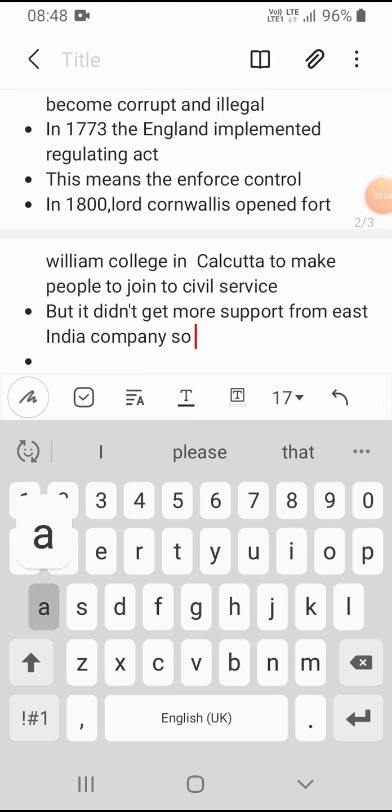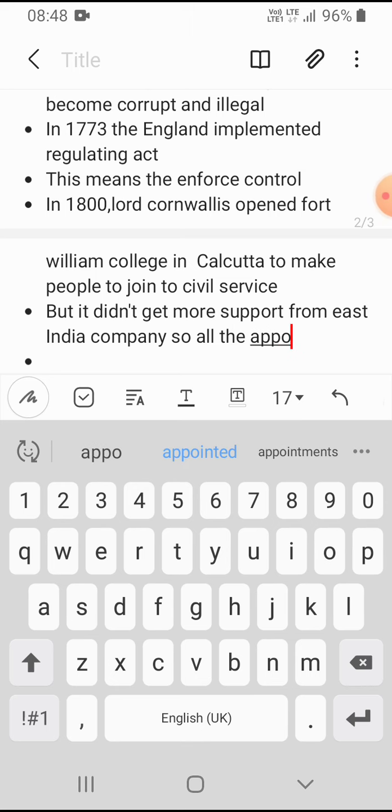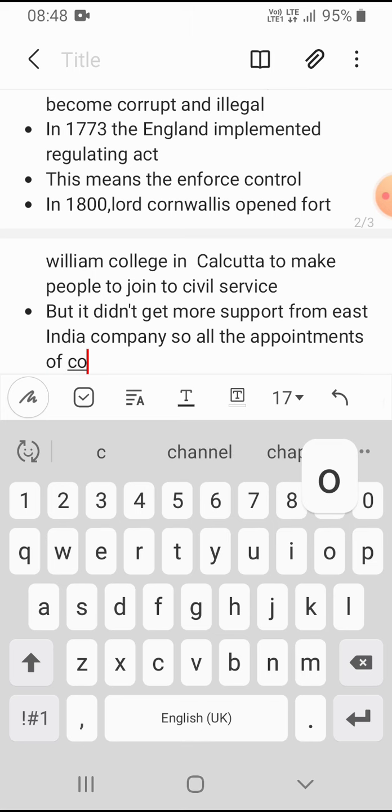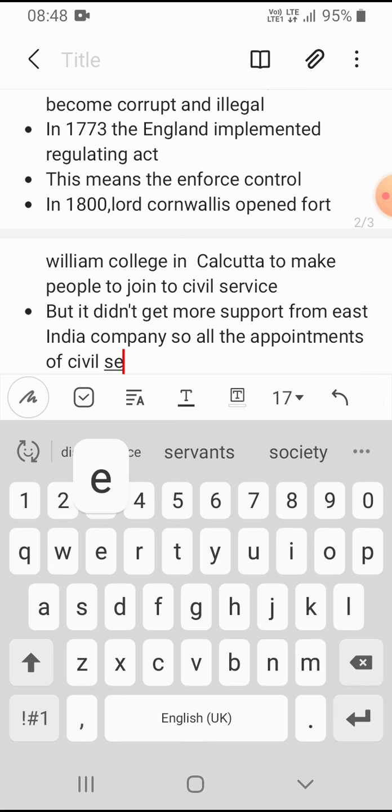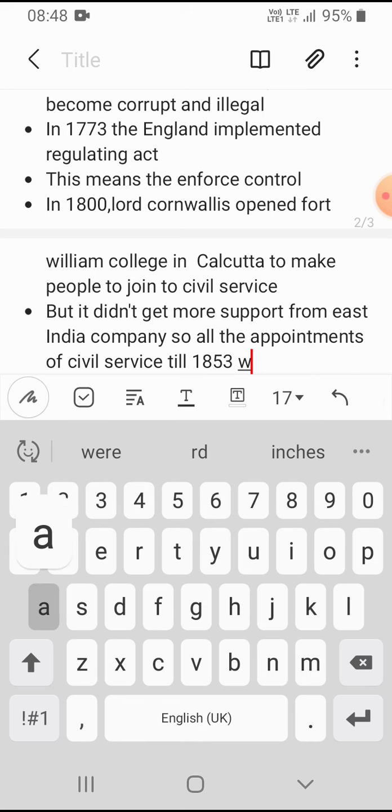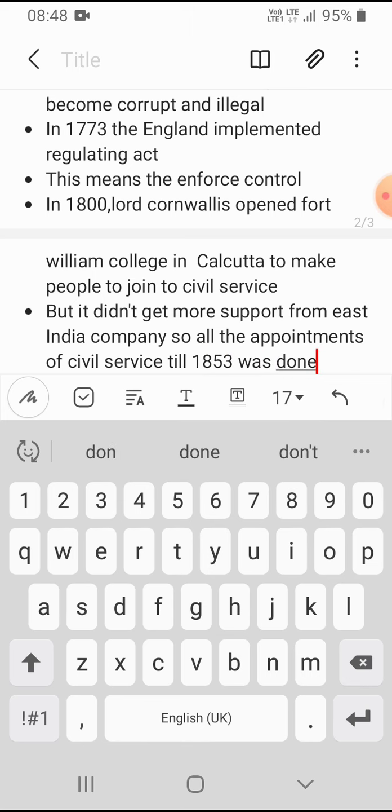All the appointments to civil service jobs till 1853 were made by the directors.